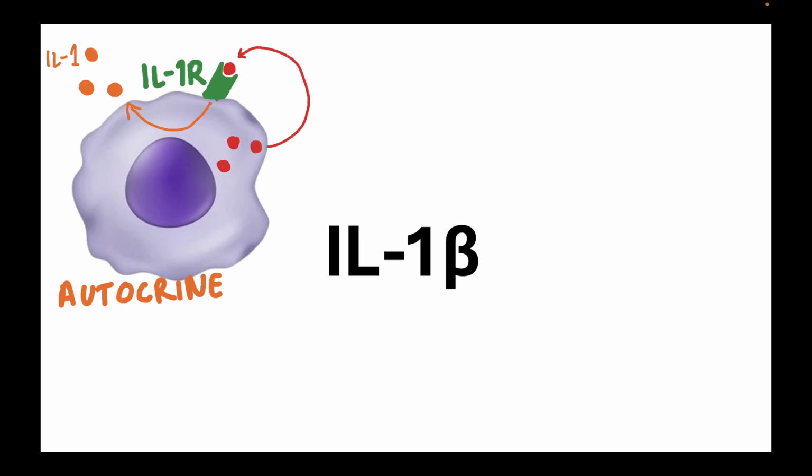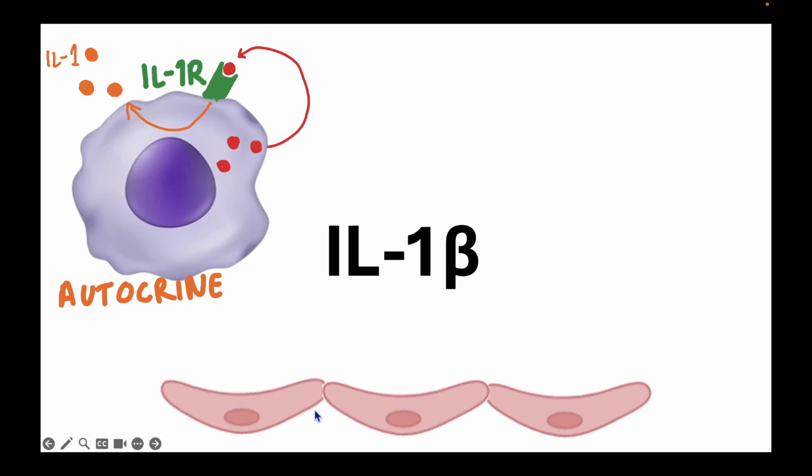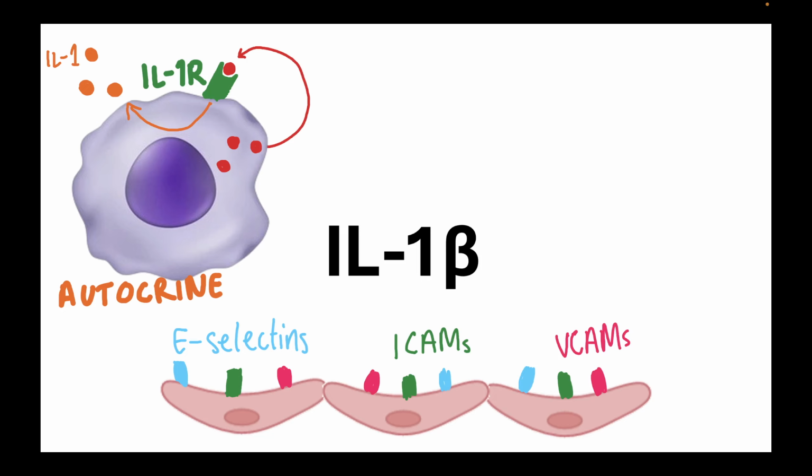autocrine action. Next, it's going to go to the nearby endothelial cells, near to the macrophage, and it's going to stimulate the expression of E-selectins, ICAMs, and VCAMs, among other things. And so these are going to be expressed.